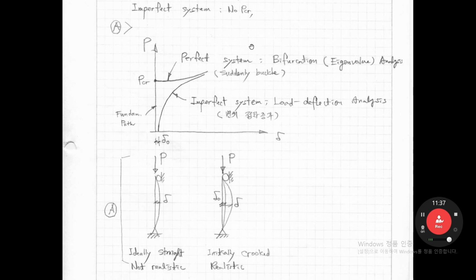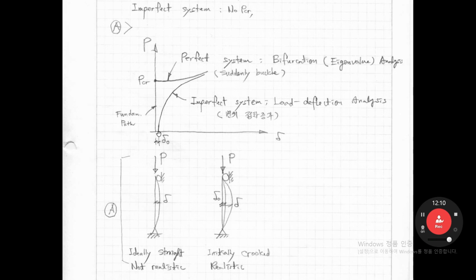In a perfect system, we can do bifurcation analysis. This point is a bifurcation point: this way or that way. Bifurcation point, or eigenvalue analysis. Eigenvalue means unique value. What is unique? PCR is unique. So, eigenvalue analysis: suddenly buckle.